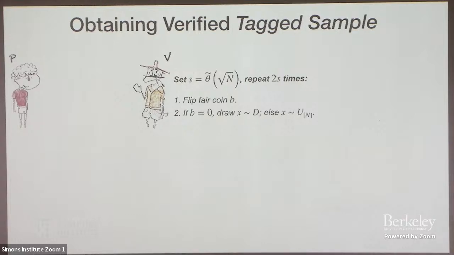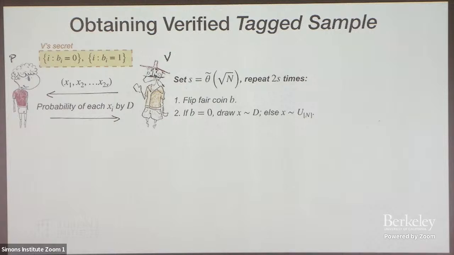It will flip a fair coin B. If B lands on 0, it will draw a sample from the distribution D. And if B lands on 1, it will draw a sample from the uniform distribution on the domain. So what V has right now is basically two samples, one from D and one uniform, both of size roughly square root of n, and they're just somehow intertwined.